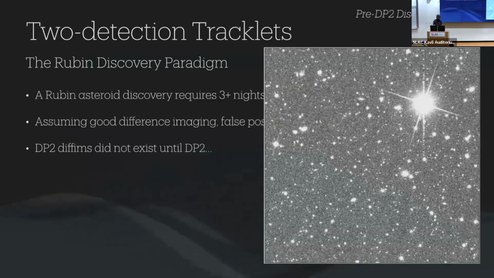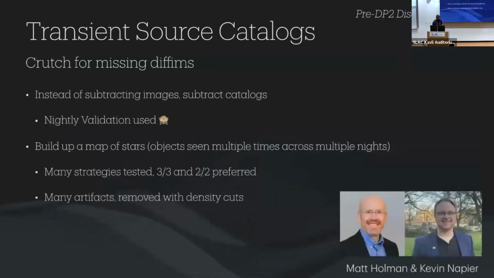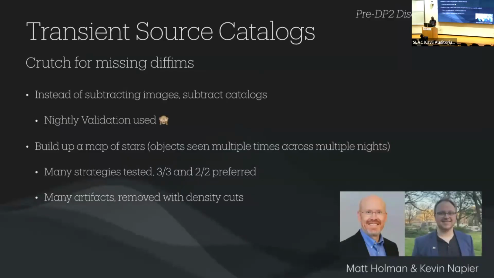So how did we discover asteroids in the Rubin discovery paradigm before DP2, without difference images that get rid of these stars and static sources? Instead of subtracting images using the templates that data release processing creates, we subtracted catalogs. Using the nightly validation catalogs, which are an intermediate data product that hopefully most science folks here don't ever have to think about, we built up maps of the night sky of stationary objects.